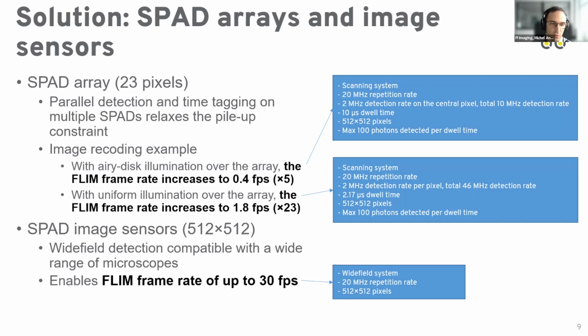Then if you would switch to SPAD image sensors, and results are going to be shown later, because of the tremendous parallelization operating all the pixels at the same time, we can go even higher to 30 frames per second.